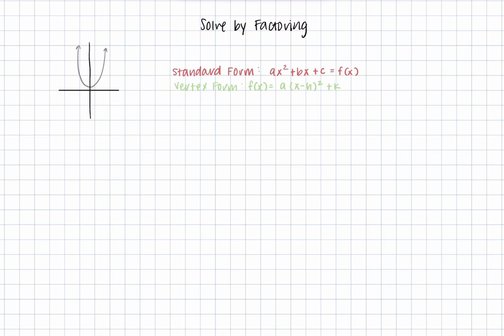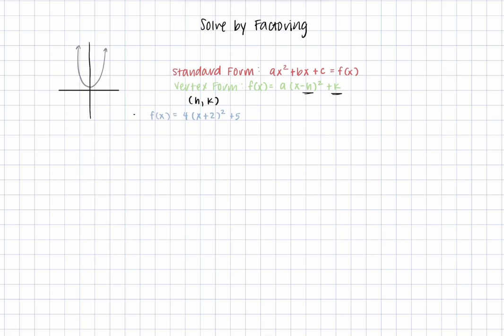Let's say I had the equation f of x equals 4 times x plus 2 squared plus 5. Now, the vertex is h comma k, so our h and our k.